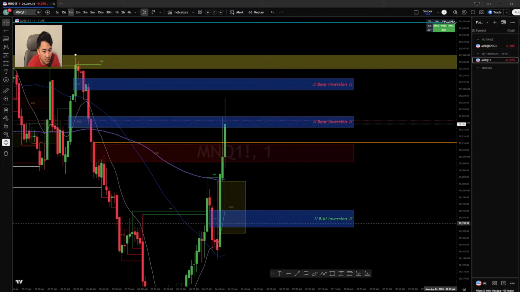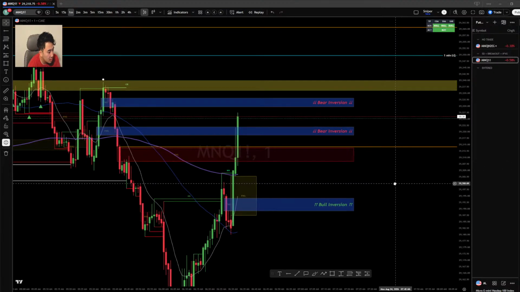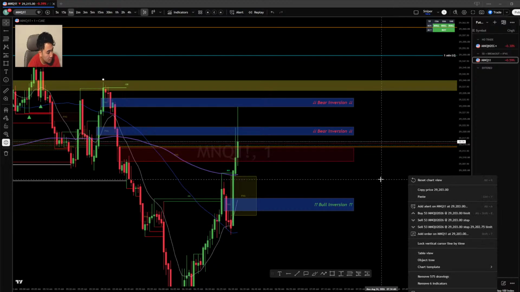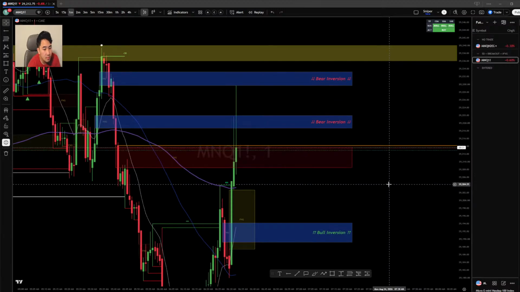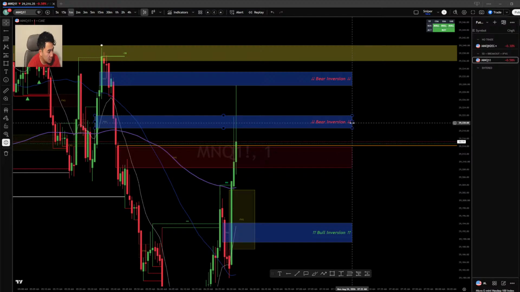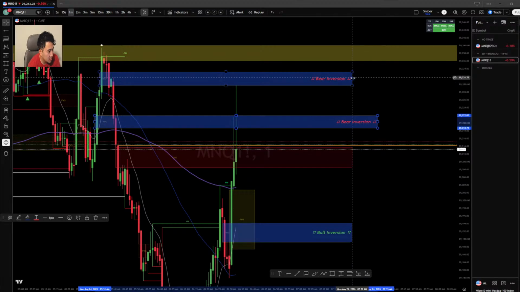That was a big spike up. These bearish inversion zones are going to keep price down.